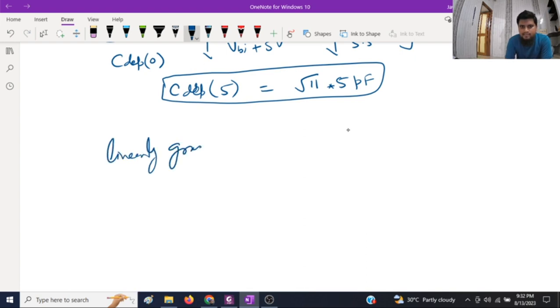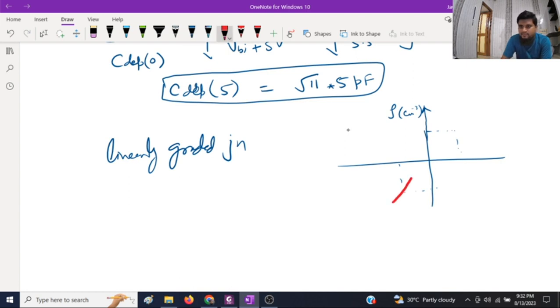One more thing, if you are going for not an abrupt junction but a linearly graded junction, then you must derive the expression again, because the charge density will not be a step transition as earlier, but it will be a linearly graded junction, it will be like this, and here it will be xn, here it will be xp.